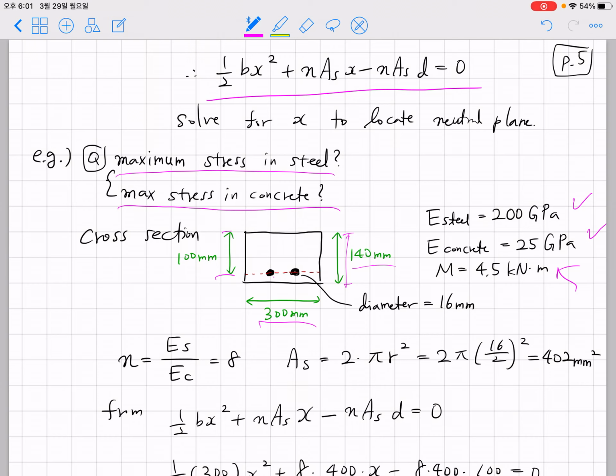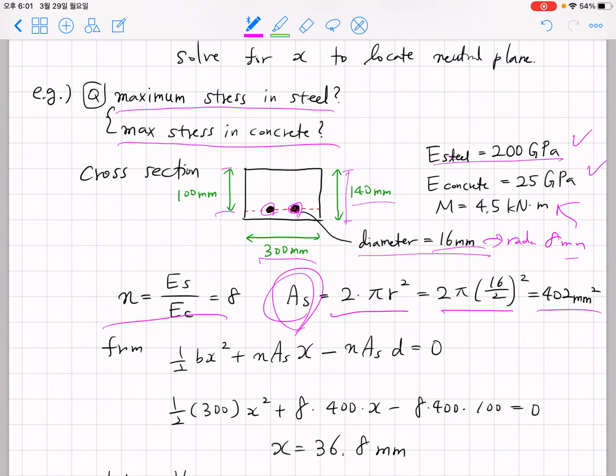And the width of this reinforced concrete is 300 millimeter, and the diameter of steel is given as 16 millimeter, so the radius is 8 millimeter. Because we have two steel rods, we can obtain As by obtaining 2 times pi r squared, 2 times pi times 8 squared, which gives us 402 square millimeter for As. And regarding the ratio n, we have 200 divided by 25, which is 8.